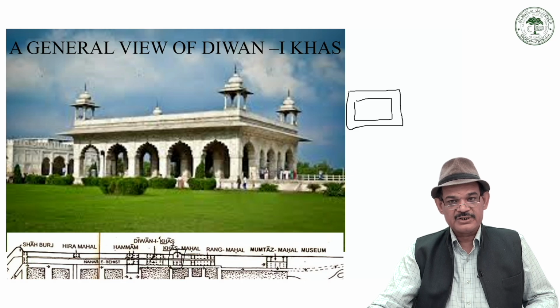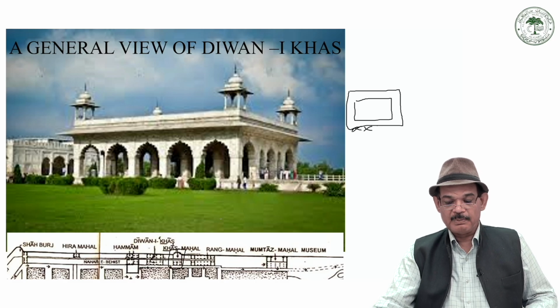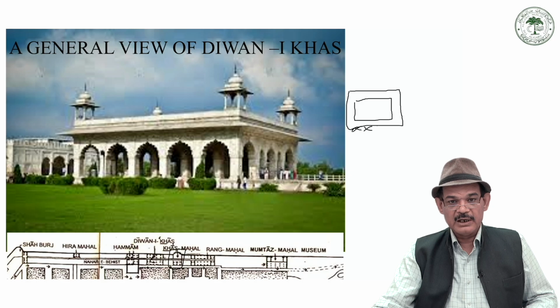These cloisters have arches supported on the pillars, and in such a way the interior of this structure is divided into 15 bays. The lower part of the piers is inlaid with floral designs, while the upper parts of these piers are gilded and painted.